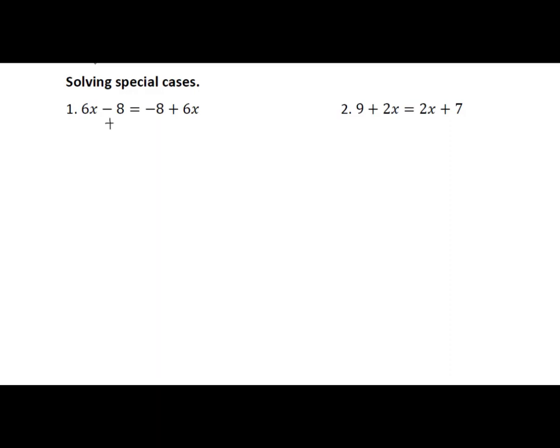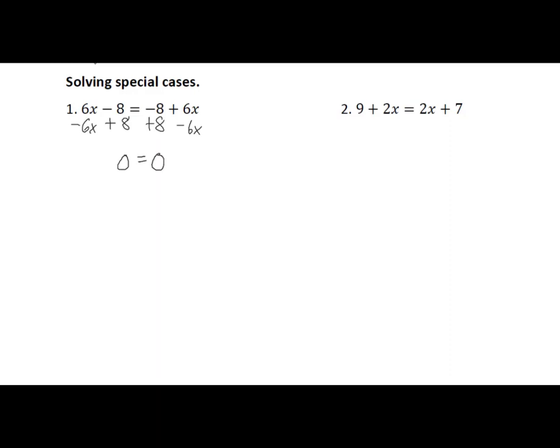If I add 8 to both sides, so that's trying to get the 8's to one side, the numbers to one side. Now I'm going to subtract 6x from both sides. And so if you look, I have 6x minus 6x, negative 8 plus 8, negative 8 plus 8, and 6x minus 6x. So I end up with 0 equals 0.